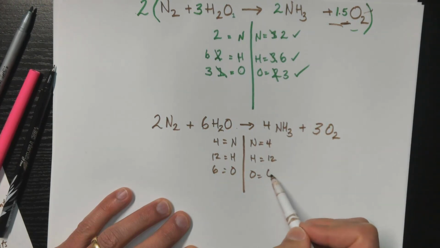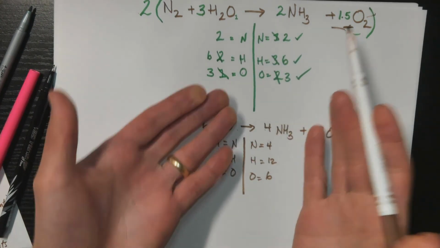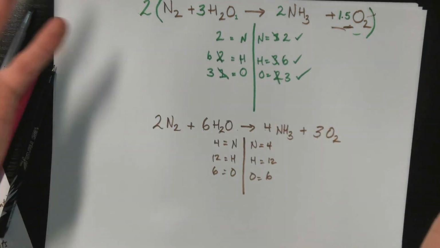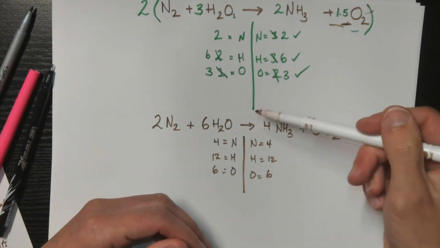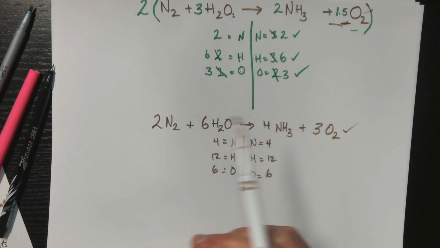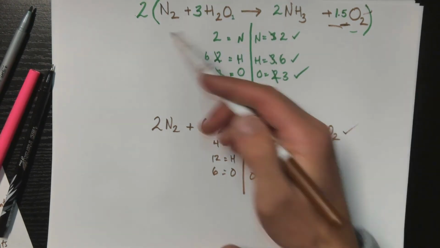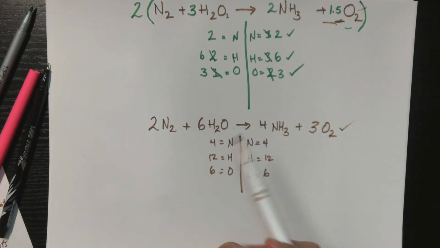And 3 times 2 is 6. And that makes sense, right? Because I balanced it earlier, and then I just increased the value of everything in there by 2. And so I just doubled all the numbers. So this is a really good and simple way of balancing difficult equations using that multiply it by a big number in the front.